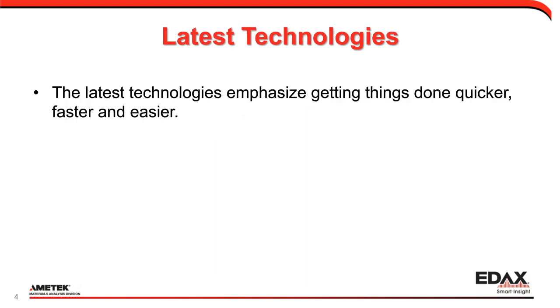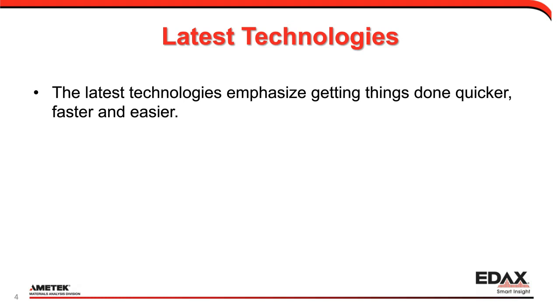If you were lucky enough to go to this year's Microscopy and Microanalysis Conference or the European Microscopy Conference, you may have seen the latest technologies and a couple of buzzwords, things that emphasize getting things done quicker, faster, and easier.